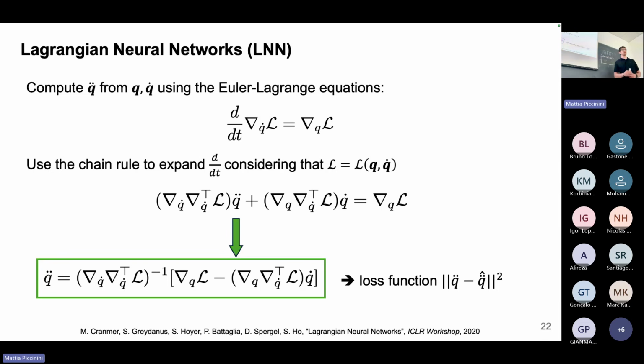Maybe you measure your system acceleration, and then you have the predicted acceleration, and you minimize the deviation. Here we use automatic differentiation. To compute these gradients, nabla q dot, nabla q of a neural network, we typically use autodiff, automatic differentiation, to make the process more effective.